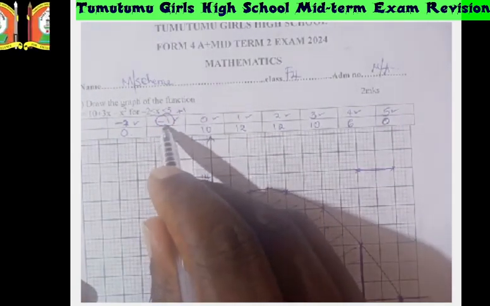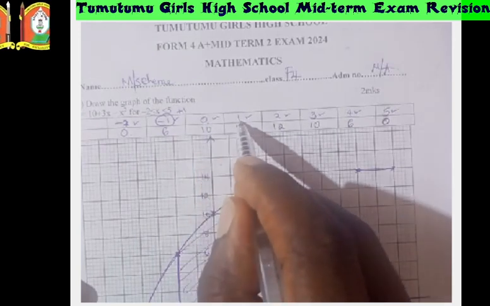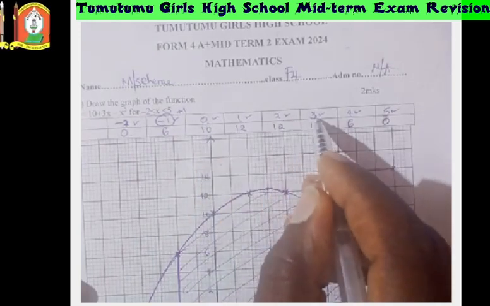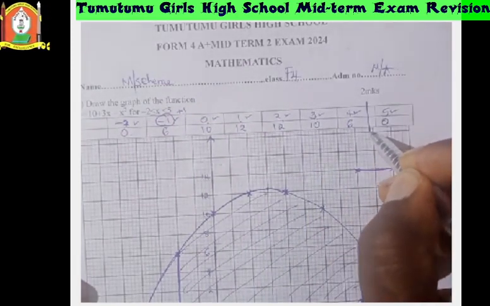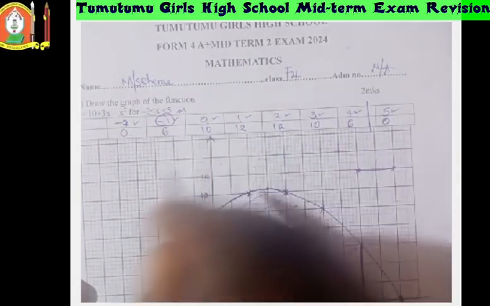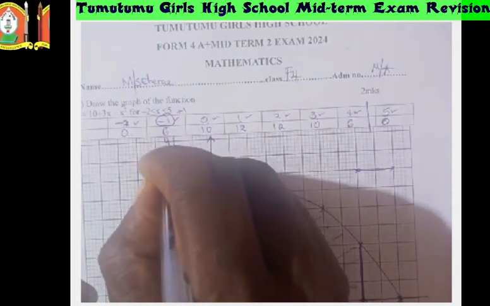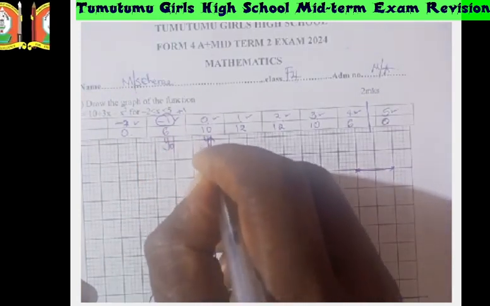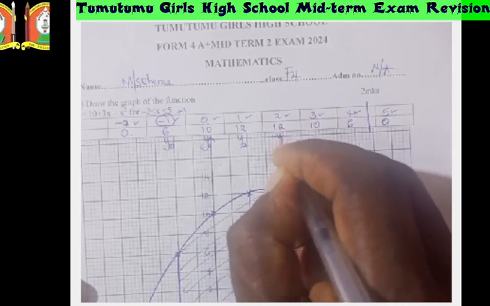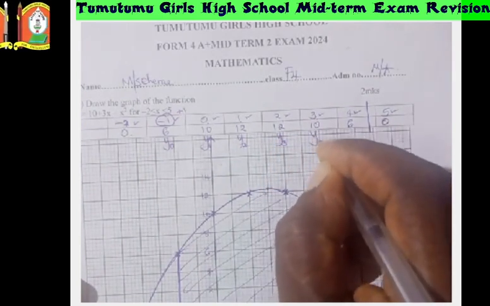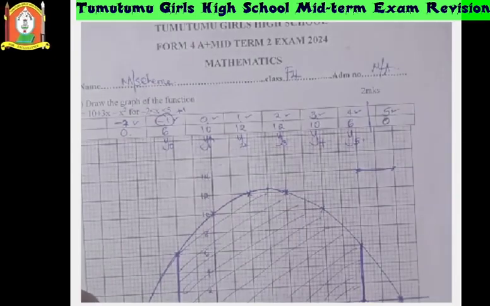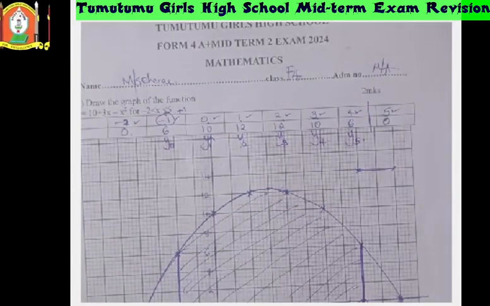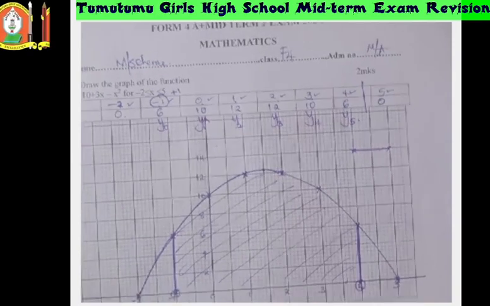So -1 plus 1 is 0, plus 1 is 1, plus 1 is 2, plus 1 is 3, plus 1 is 4, and we stop at 4. So the corresponding values of y are our y0, y1, y2, y3, y4, and y5. It's like the table was already worked out.